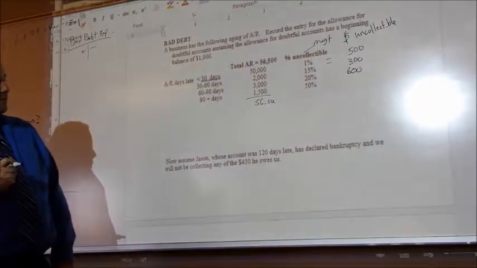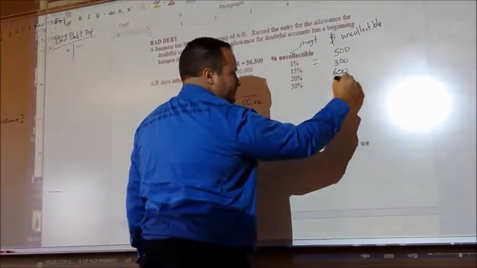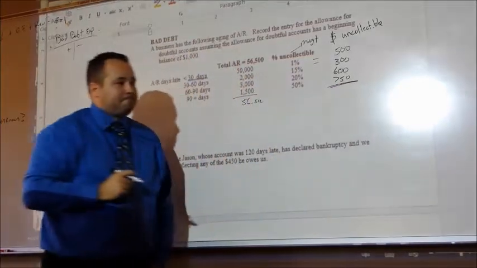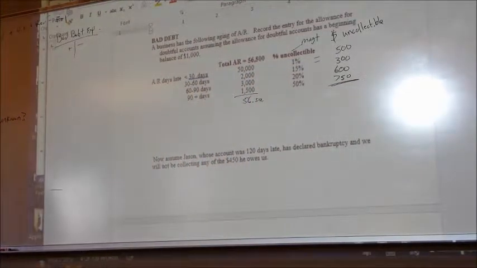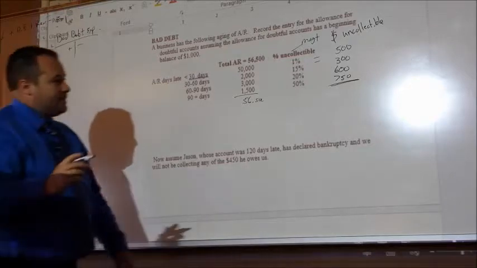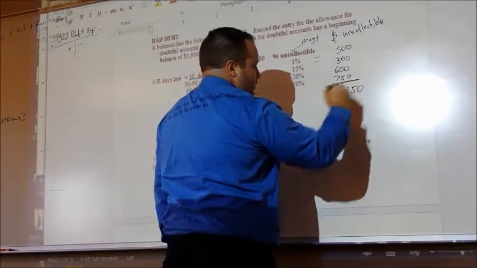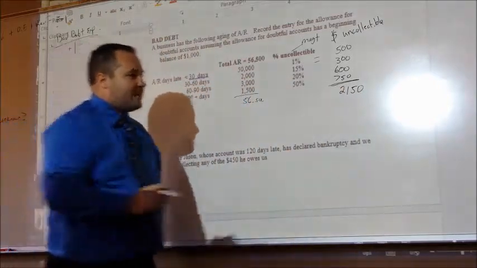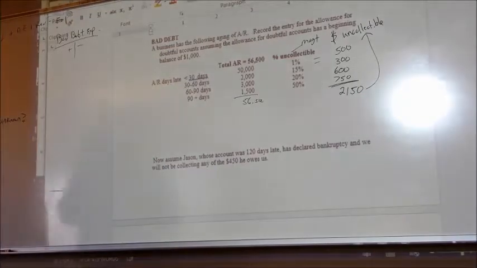At 20% for $3,000, and the last one, $750. You add all that up, you get $2,150 that I expect to be uncollectible.